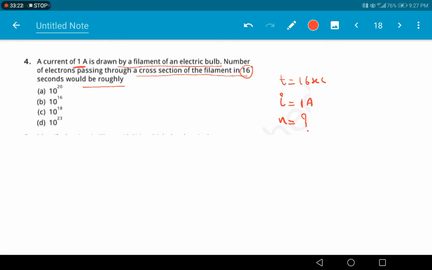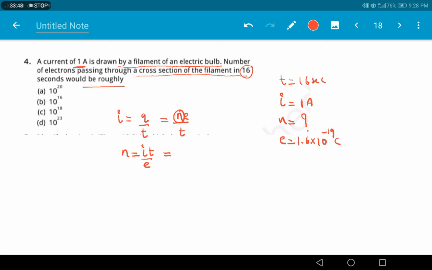So we know that I is equal to Q by T. In place of Q I am substituting ne. I want to make n the subject, so I am going to get n equals It by e. Each and every value is given. The e value we should know: 1.6 into 10 to the power of minus 19 coulomb.